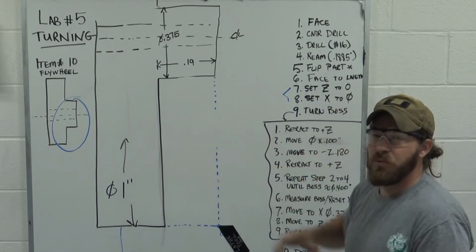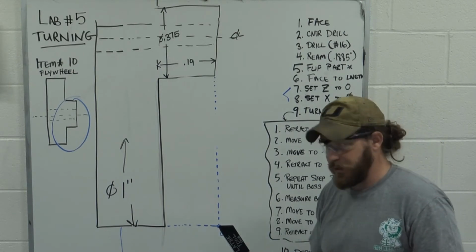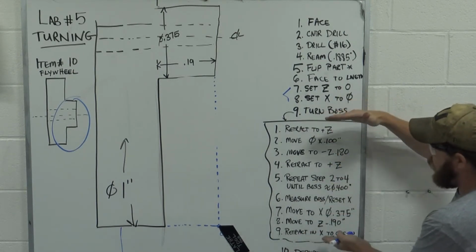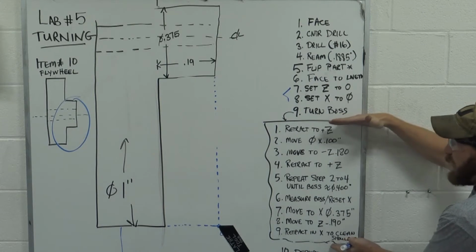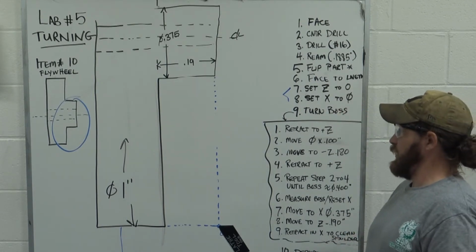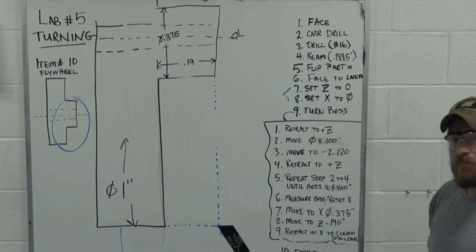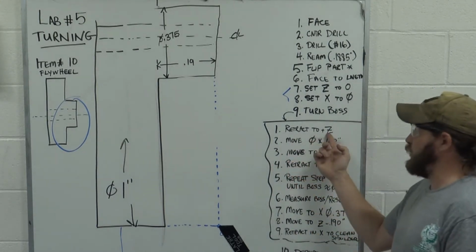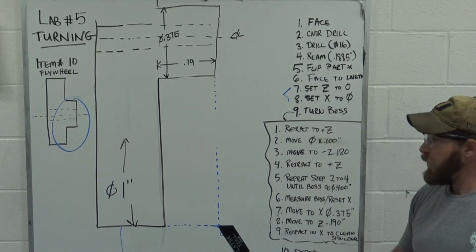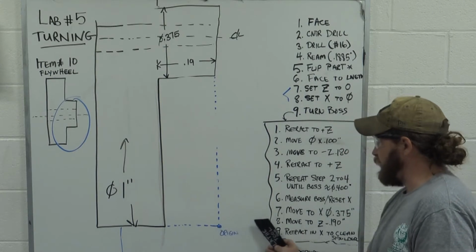So, here's the big long list. We're at the point where we have to turn this boss. So what are the actual steps? I have them all here in this box. The very first step is retract to a positive Z value. All that means is we need to get out in front of the part.